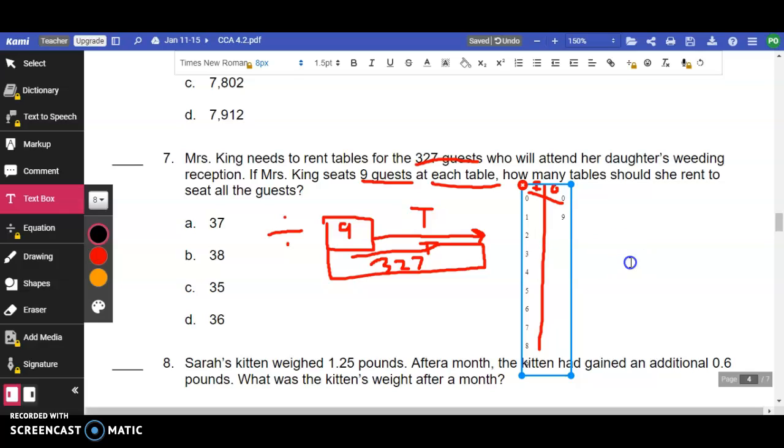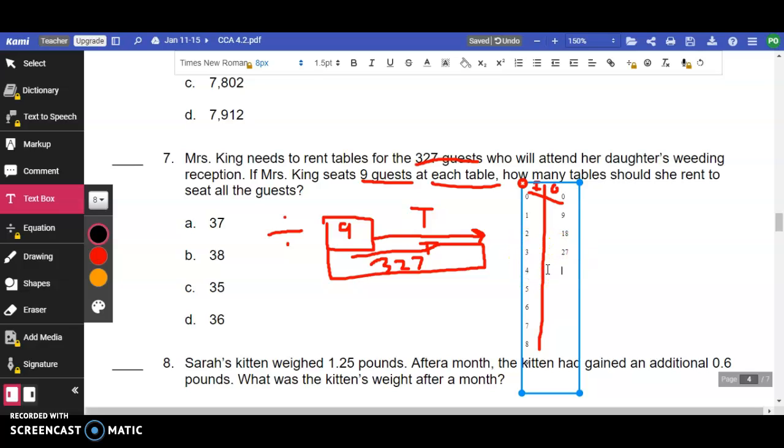And if I don't know my times table, I can just count. 9, 10, 11, 12, 13, 14, 15, 16, 17, 18. 18, 19, 20, 21, 22, 23, 24, 25, 26, 27. I'm counting by 9s.